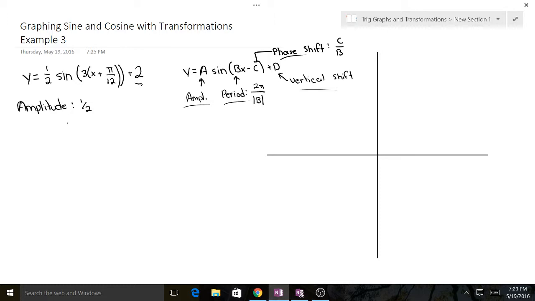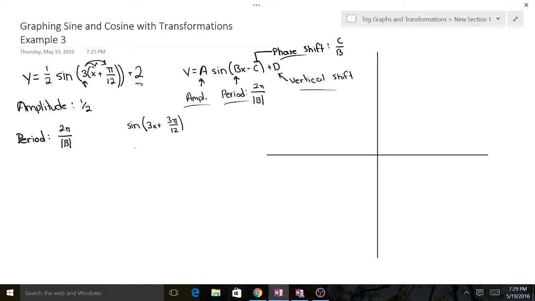And then the next thing is our period. Period is 2 pi divided by the absolute value of b. Well, what's our b? We need to factor that 3 back in, so we need to distribute that 3 to both of those terms. Let's rewrite the inside of our function. We have sine of 3x plus 3 pi over 12.